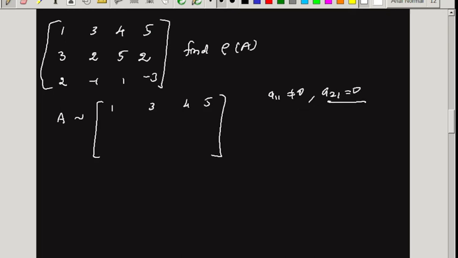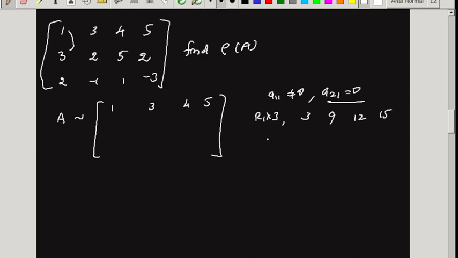So to do this, we should make these two equal. So here first row, if we multiply by 3, we get the second row's first element, which is 3. Now 3 3s are 9, 4 3s are 12, 5 3s are 15.